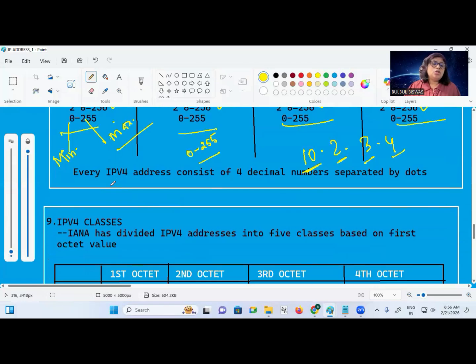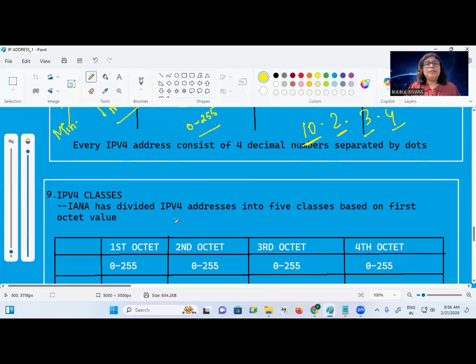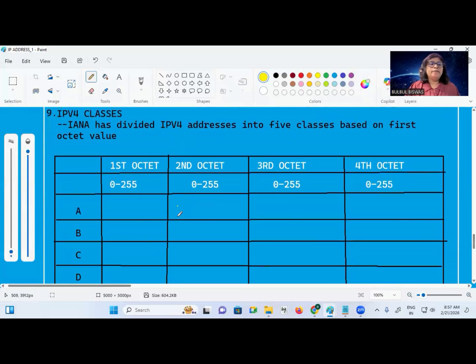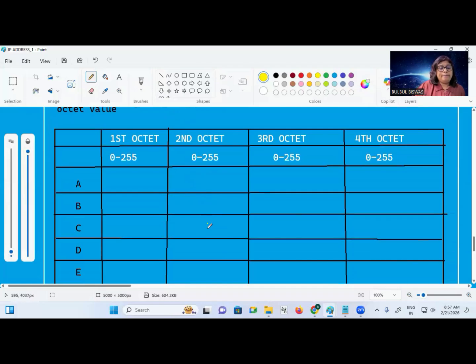So now the question is, how many classes are there? Because these 4.3 billion IPs are not a joke to manage. To manage that, IPv4 addresses are divided into 5 classes based on the first octet value. Why? Because you see over here, I have kept it blank to make you understand.